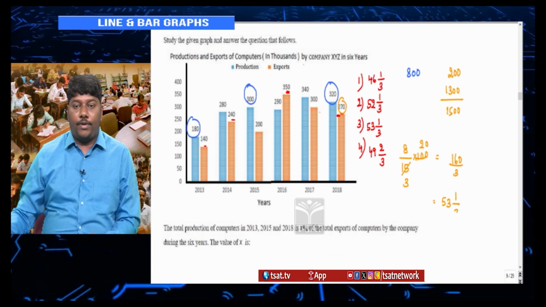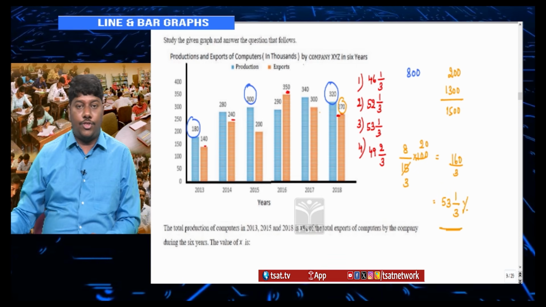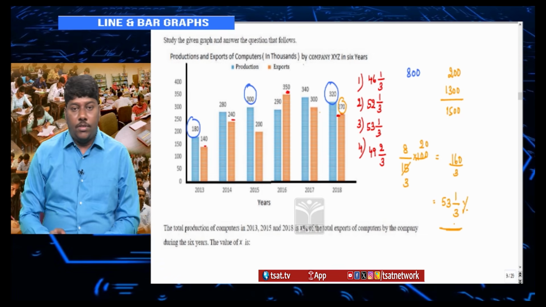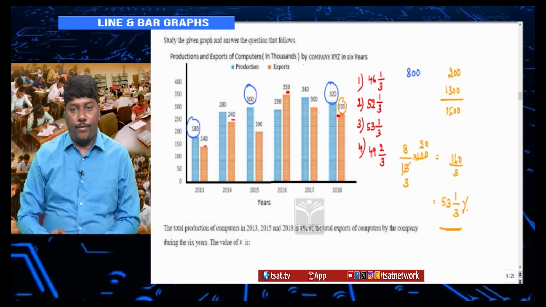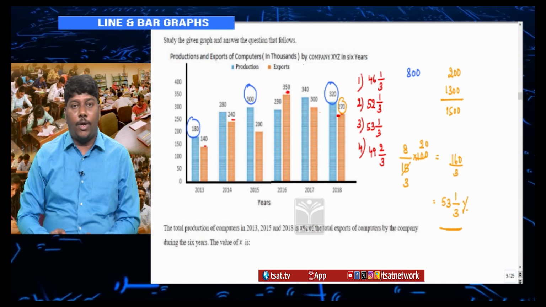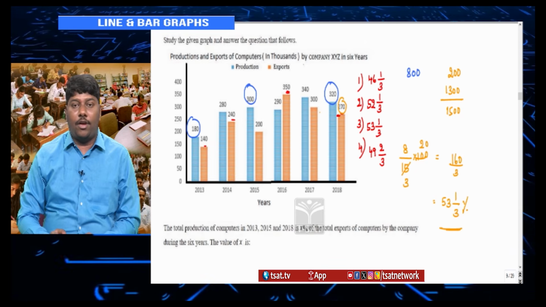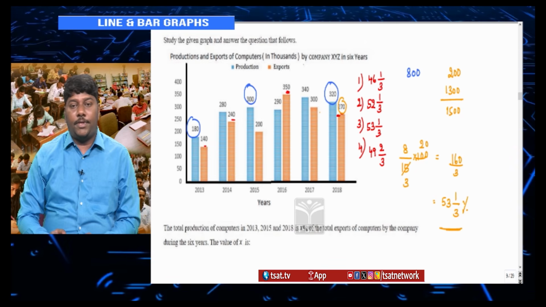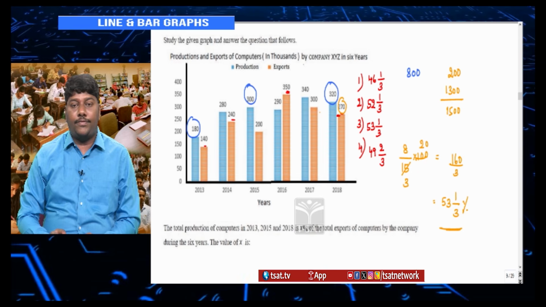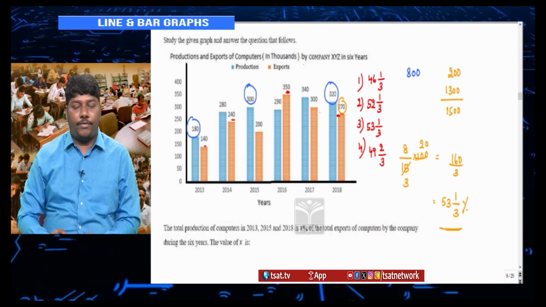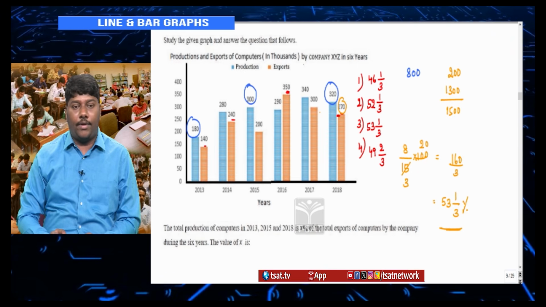Remaining is 1. 53 1 by 3 percentage. So simple, it is asking you X is what percent of Y. So X here is 800 is what percent. Instead of asking what percent, he also said X% of 1500. Actually 800 is 53 1 by 3% of 1500. So X value is 53 1 by 3.